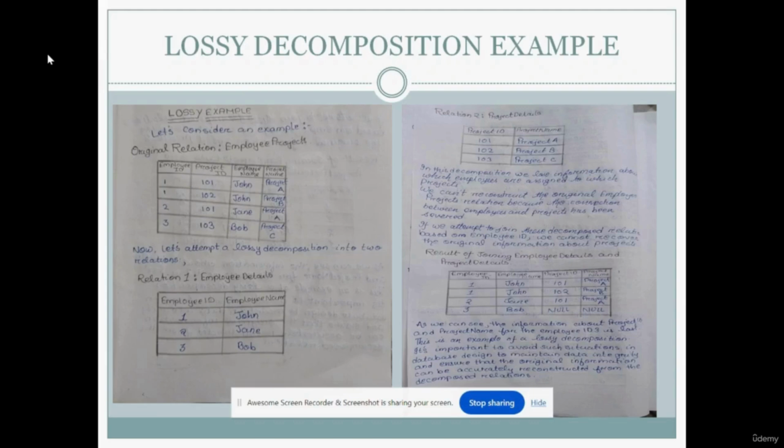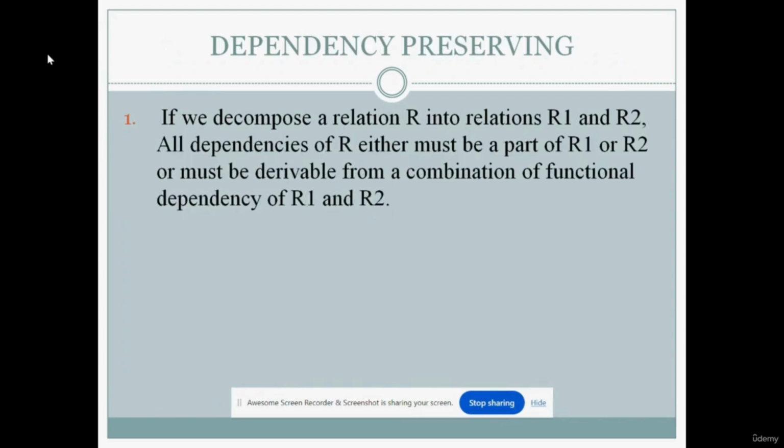This is an example of a lossy decomposition. It is important to avoid such situations in database design to maintain data integrity and ensure that the original information can be accurately reconstructed from the decomposed relations.